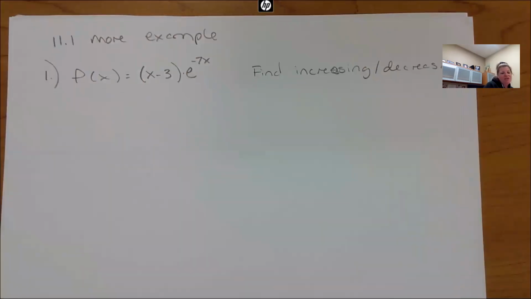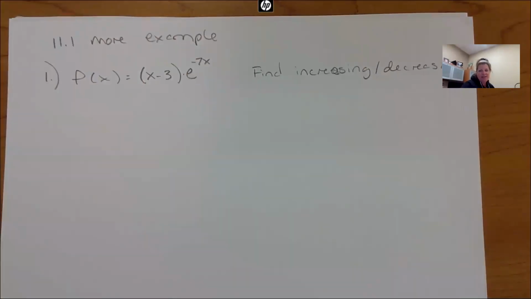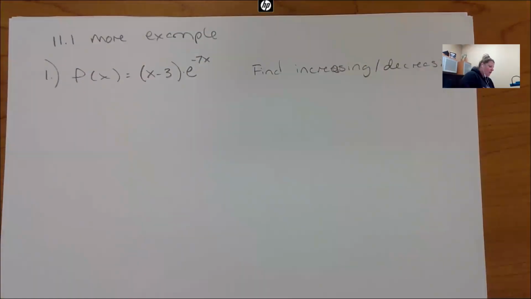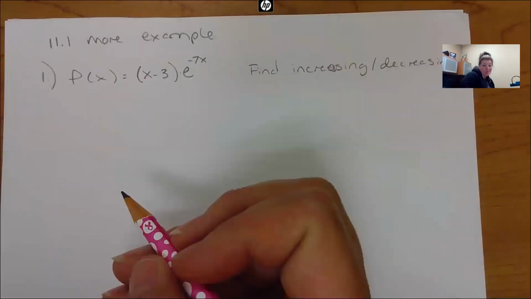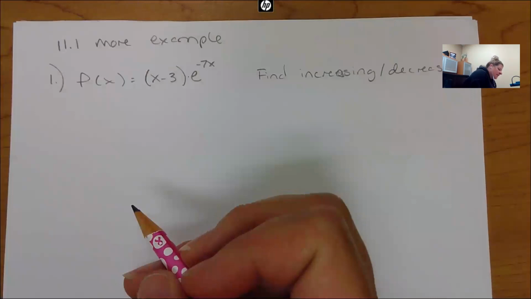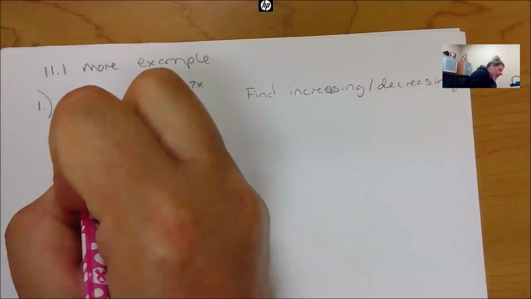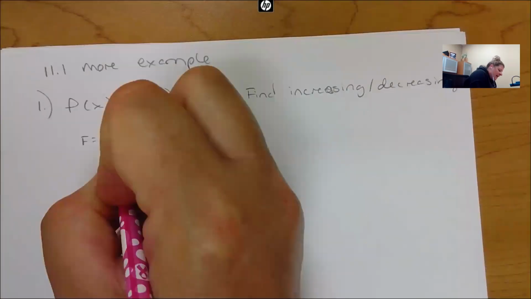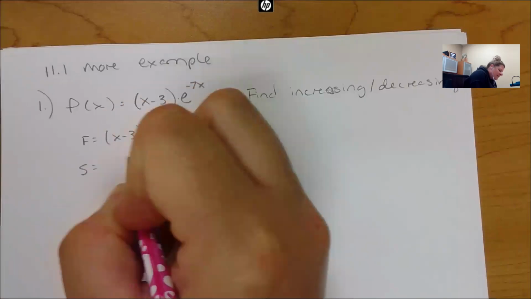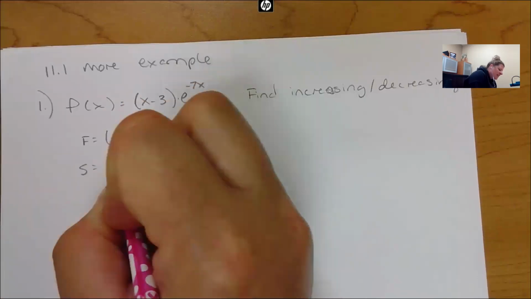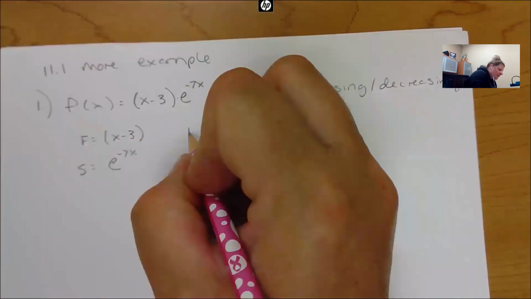What did we have to do if we were timesing two things together? We had to use the product rule. So I'm going to say the first thing is x minus 3, and the second thing is e to the negative 7x, and then we have to find the derivative of each.